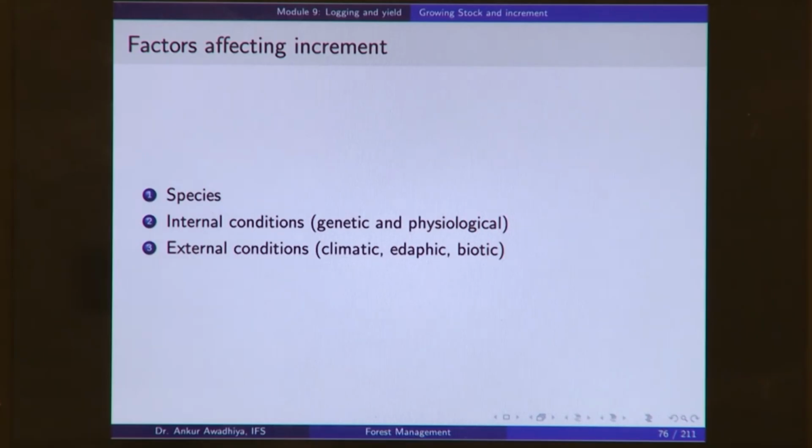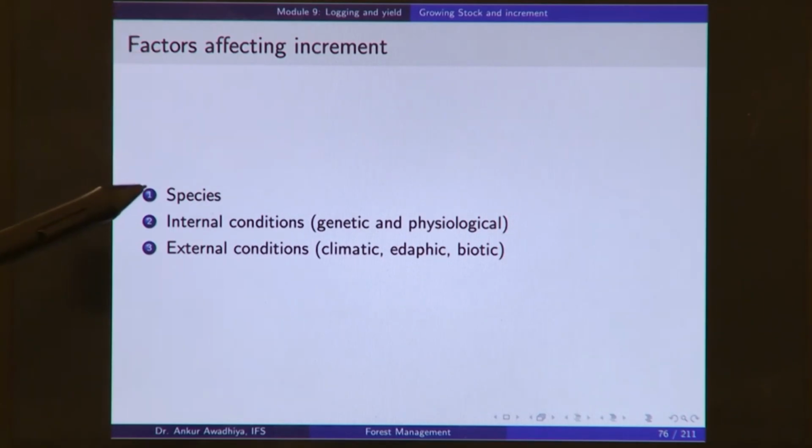On the other hand, we have certain species like teak which have a medium rate of growth, and certain other species such as Sterculia that grow at a very slow rate. So, the increment put up by a stand will depend on the species or the species composition of the stand. If it has species that grow very fast, then we will have a larger increment. If it has species that grow slowly, then we will have a smaller increment.